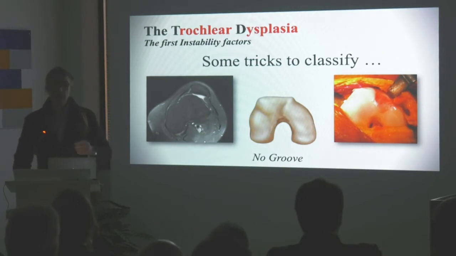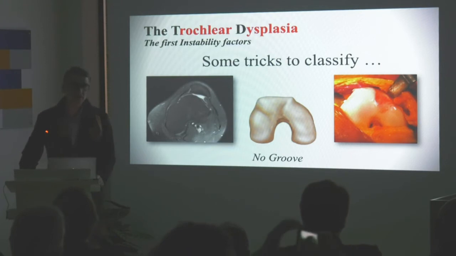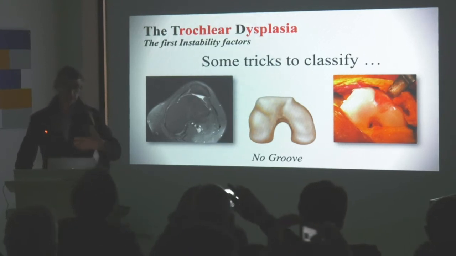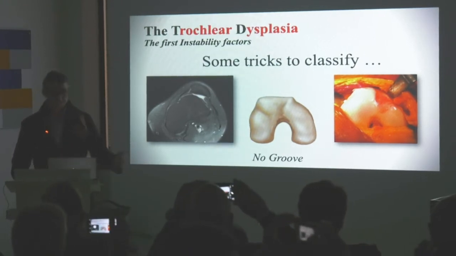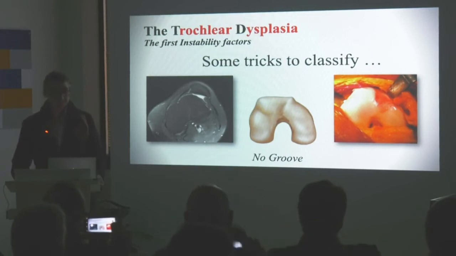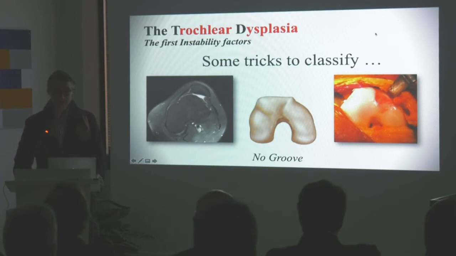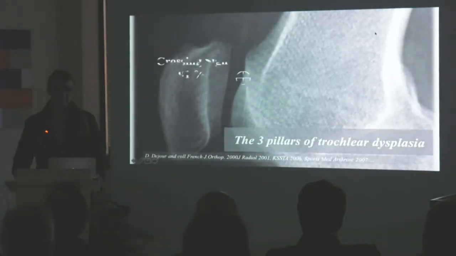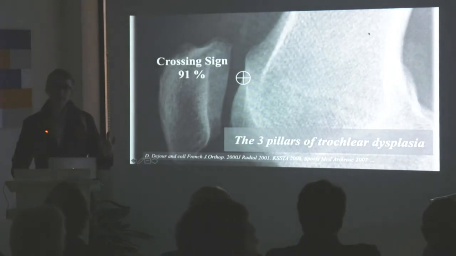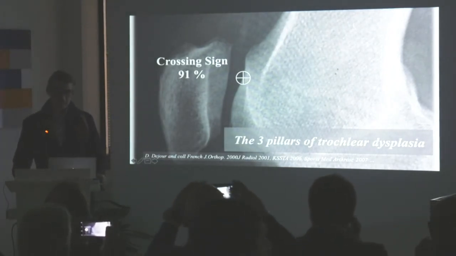So I will give you some tricks to understand better the classification, because this classification is used all over the world, but sometimes people don't really understand what is A, B, C, D. So some tricks to classify. You have three pillars for the trochlear dysplasia.